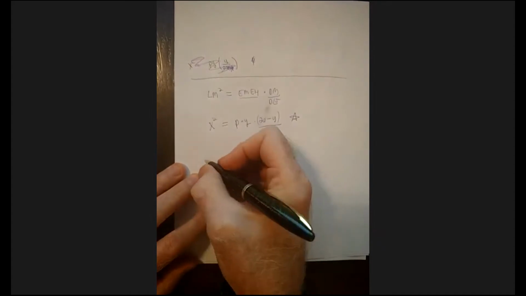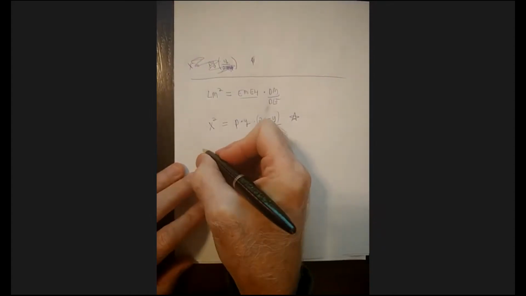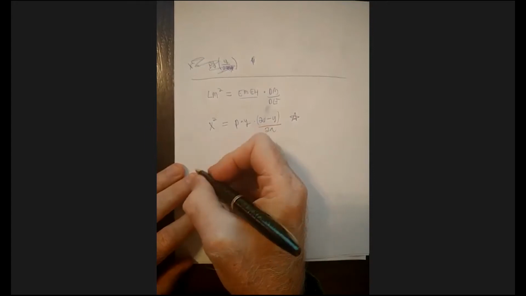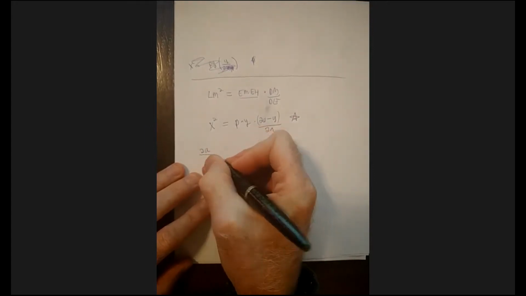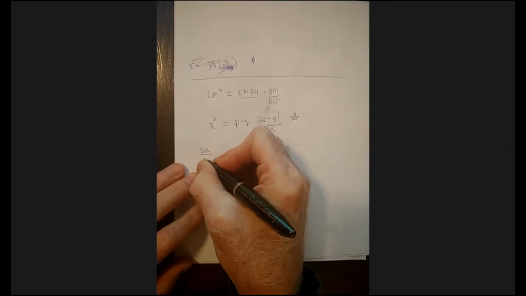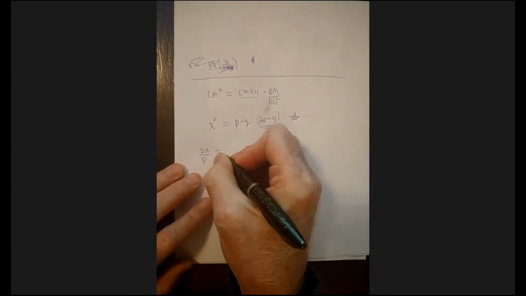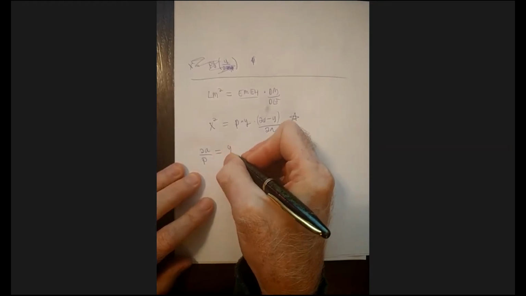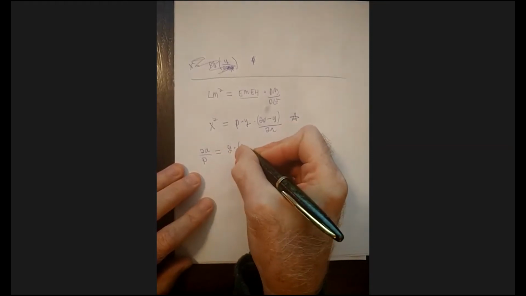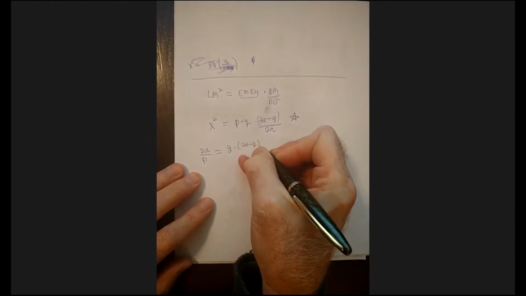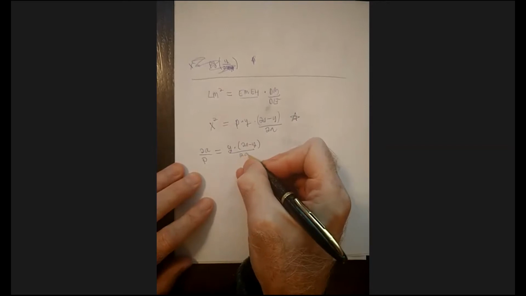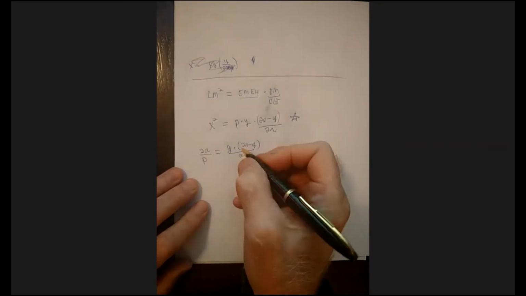What I had in mind for people to do was, I took DE, which is the 2A, over EH, which is going to be P. Now we know that that's equal to EM, which is Y, times DM, which is 2A minus Y, divided by DE, 2A. Sorry, did I get that right? Yeah.